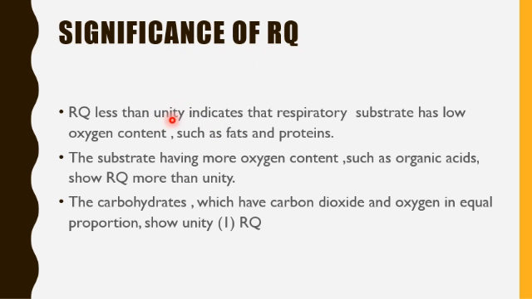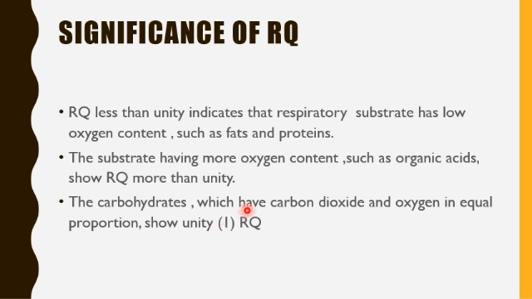RQ less than unity indicates that the respiratory substrates have low oxygen content, such as fat and proteins. Substrates having more oxygen content, such as organic acids, show RQ more than unity. Carbohydrates, which have carbon and oxygen in equal proportion, show unity, that is 1.